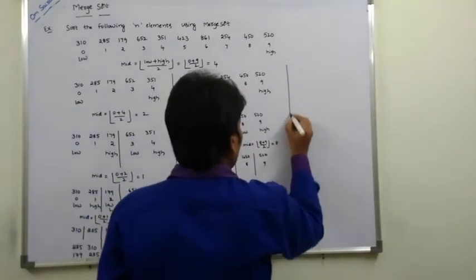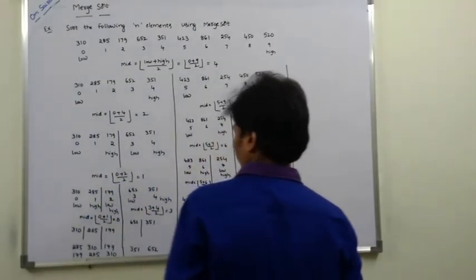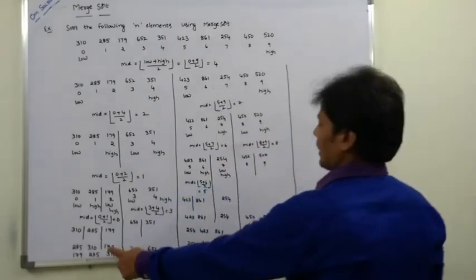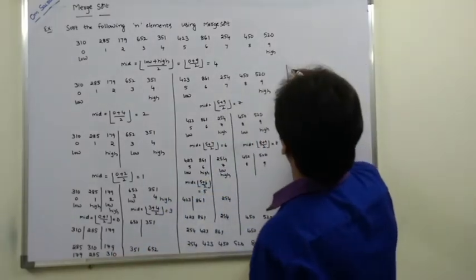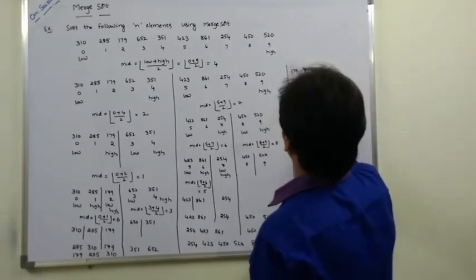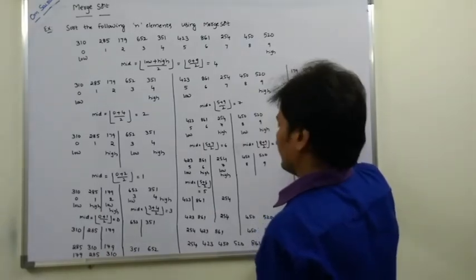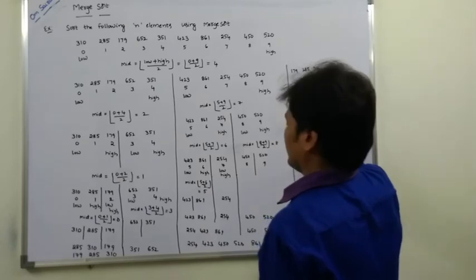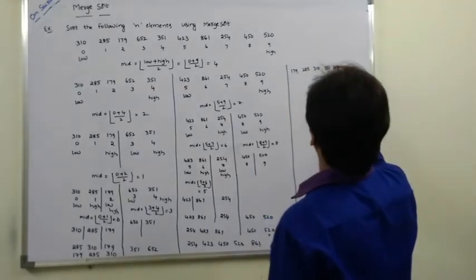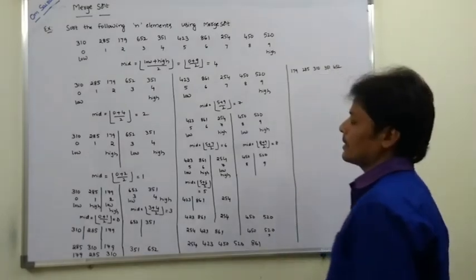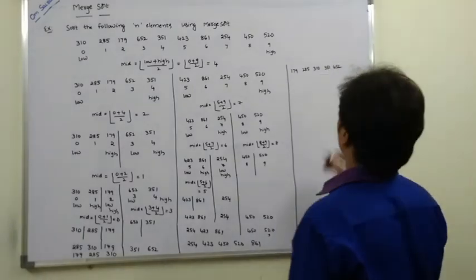Now, the first sublist contains 179, 285, 310, 351 and 652. So this is the first sublist.